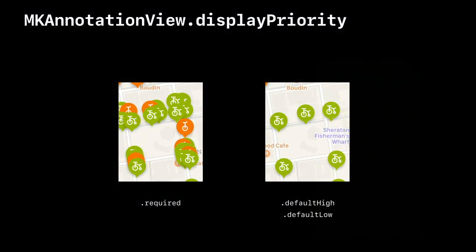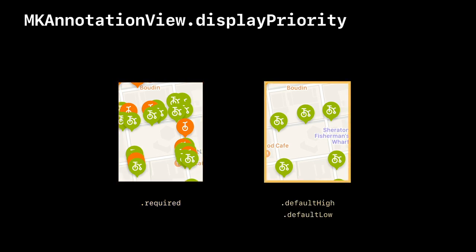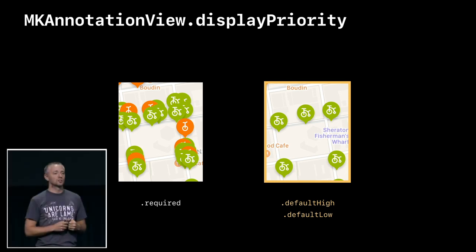And if we look at what they do, required means opt out. Do not occlude or hide anything as the annotation views overlap. Do nothing. But if you set the display priority property to anything else, like the provided defaults, default high, which is 750, and default low, 250, just as the layout constraints, then you get these annotations hiding.